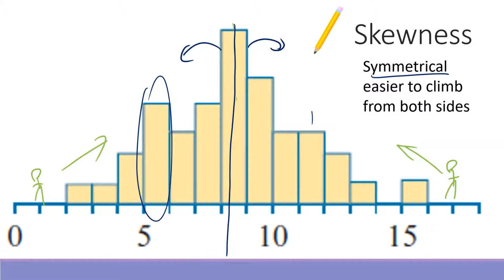It doesn't need to be 100% symmetric. It just has to look roughly the same. As you go this way, the numbers go down. As you go this way, the numbers go down. And they both end at a similar sort of distance from the center. And that's how we measure a symmetrical graph. It doesn't have to be exactly symmetrical. That's one of the key ideas here.